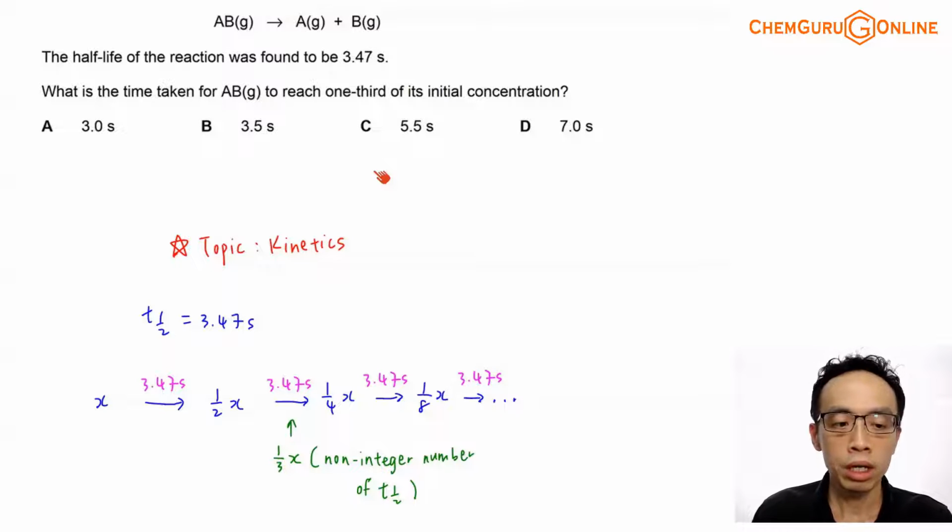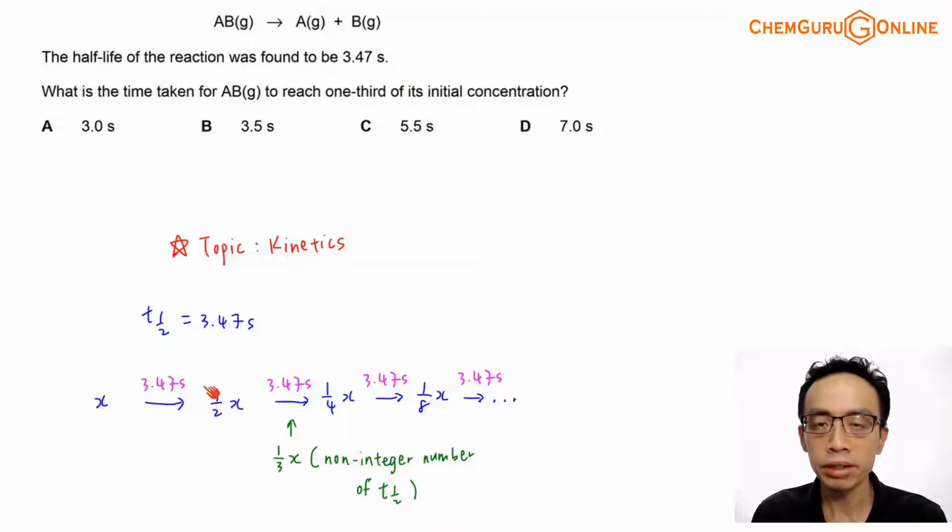So we will expect if the concentration of our reactant at the beginning is x, after one half-life, which in this case is 3.47 seconds, the concentration of our reactant will be 1/2 x. And after another half-life, another 3.47 seconds, the concentration of our reactant will be 1/4 x.